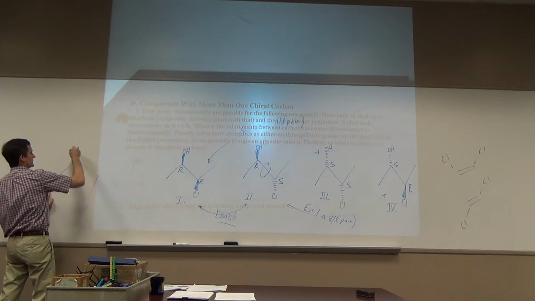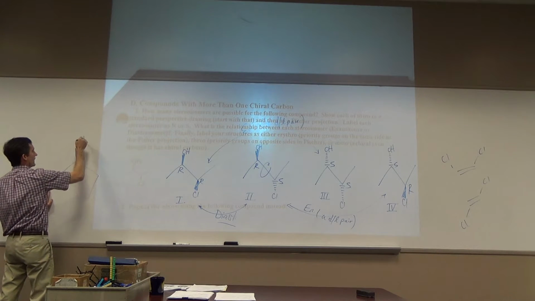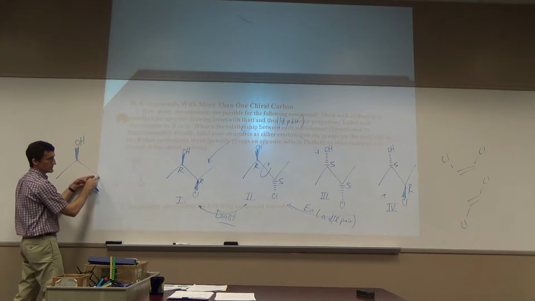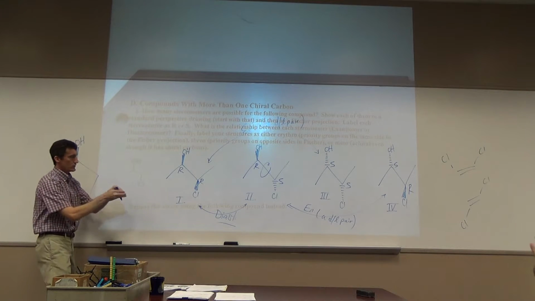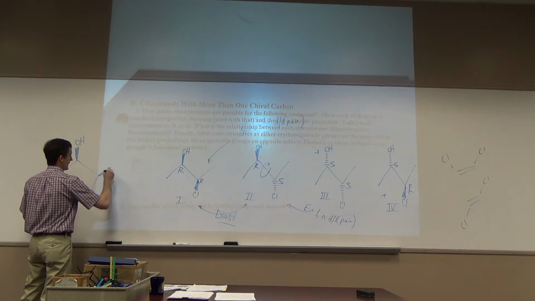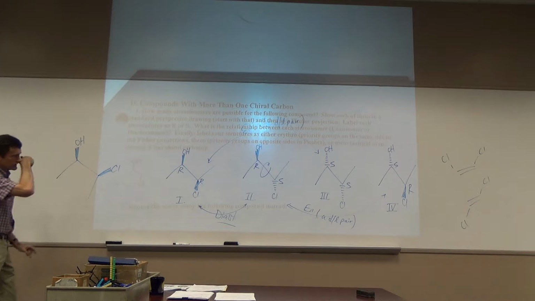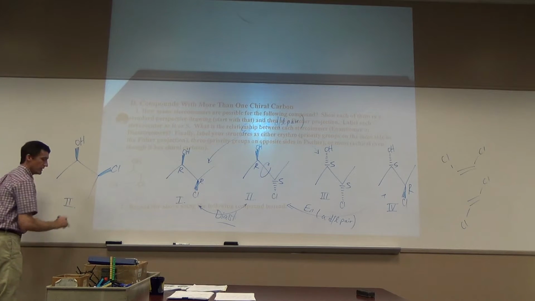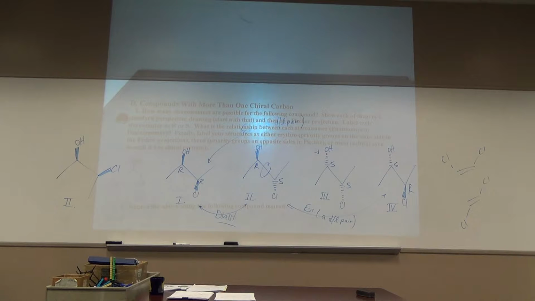This hasn't changed. What would this be? Chlorine back, if I rotate this, it's actually going to come forward, and this would be like that. This is 2, just shown a different way.